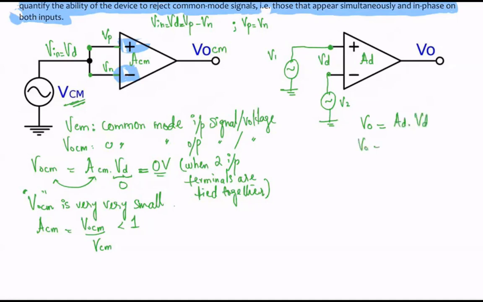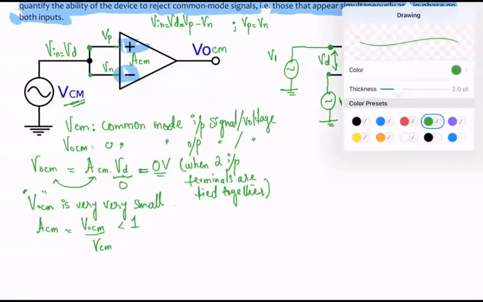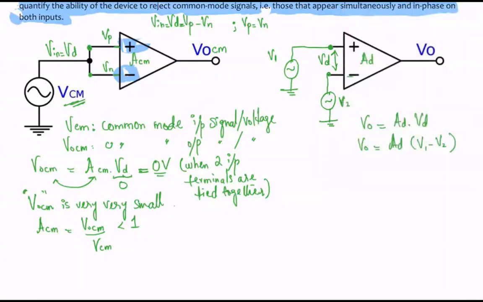And if I want to, I can also rewrite this equation in this form where VD is basically V1 minus V2, correct? VD is the difference between the two, positive, which is V1, minus this negative terminal, which is V2. Same thing basically. How do we calculate this CMRR? Well, if we know these two parameters over here, we can calculate the common mode rejection ratio.